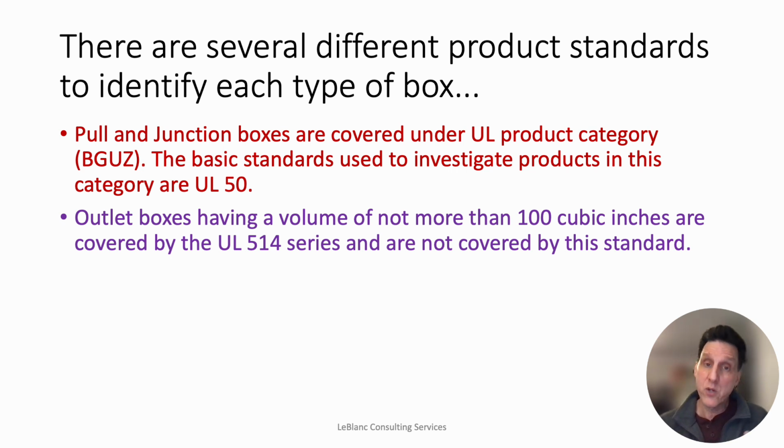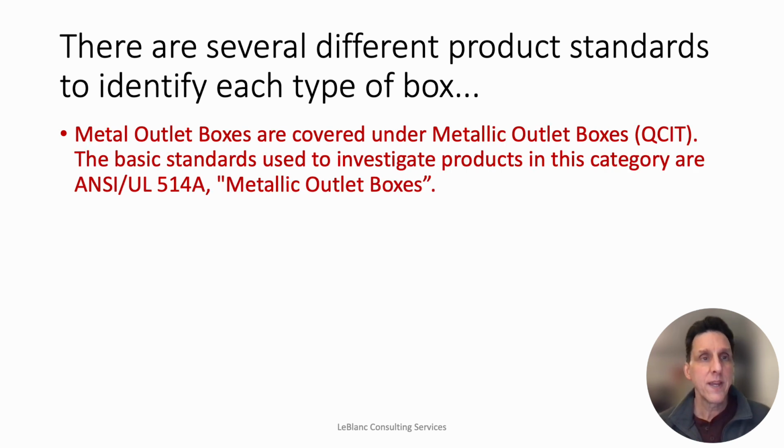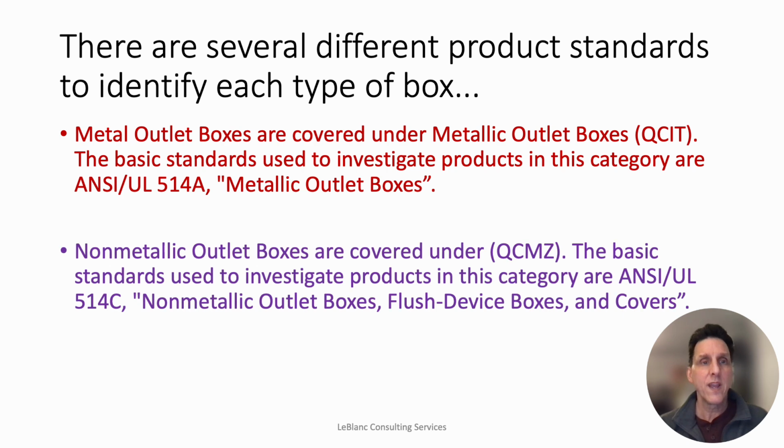And UL 514 applies to boxes having a volume of no more than 100 cubic inches. All right, so those are the limits there. And then there's some subcategories of UL 514. 514A applies to metal outlet boxes. And then 514C applies to non-metallic outlet boxes.